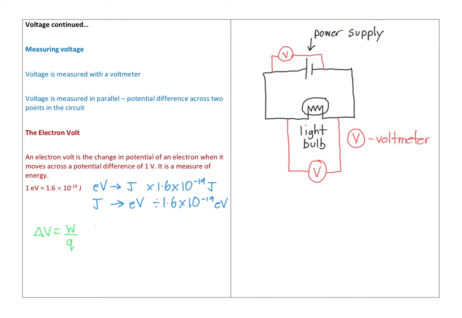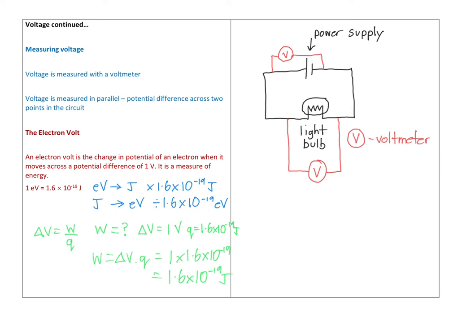If we want to know the work done, that's our unknown, and we apply that across 1 volt, putting 1 electron across 1 volt, where the charge on an electron is 1.6 times 10 to the minus 19 coulombs. Rearranging that formula, we get work done equals delta V times Q, which equals 1 times 1.6 times 10 to the minus 19, so 1.6 times 10 to the minus 19 joules.